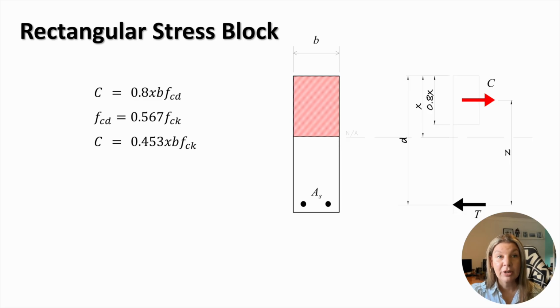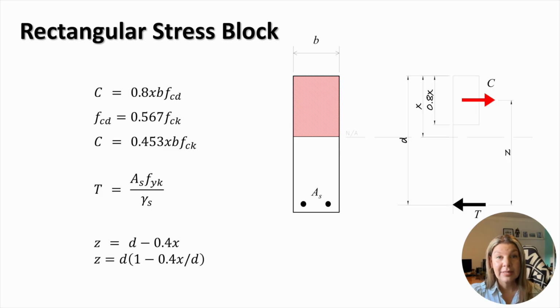As a result, the compression force in concrete equals 0.453 times x times b times fck. The tension force in steel equals the steel area As times the design yielding strength of steel, which is the characteristic yielding strength of steel fyk divided by the partial safety factor for steel gamma s.